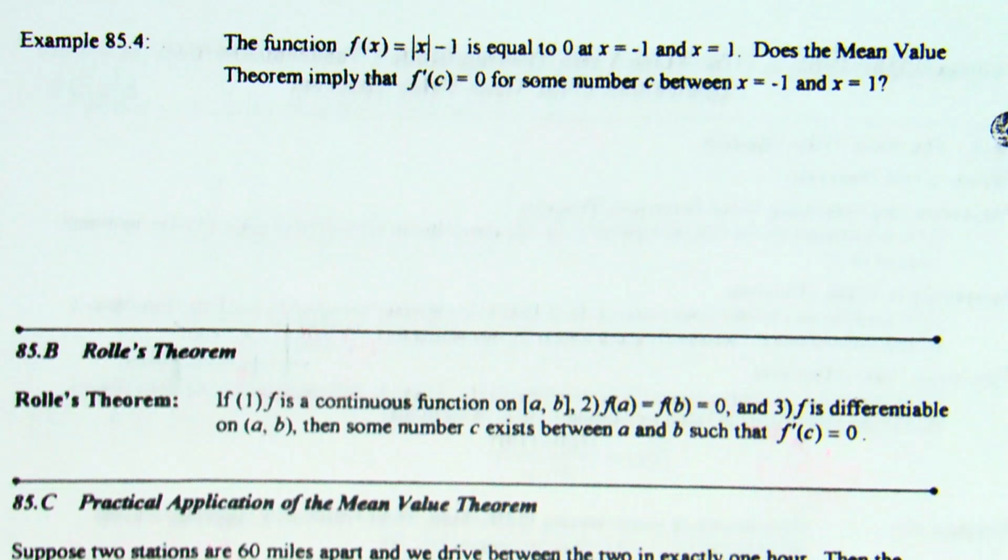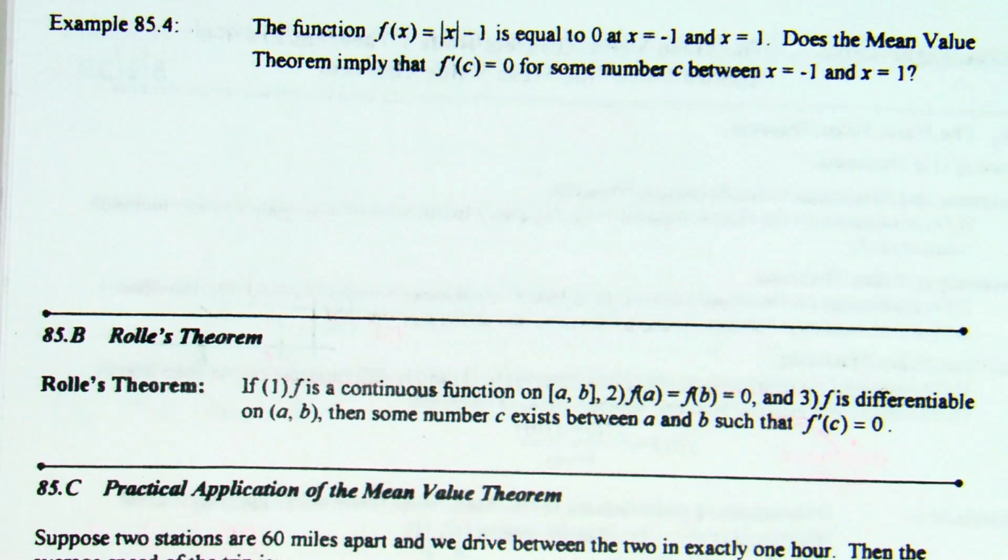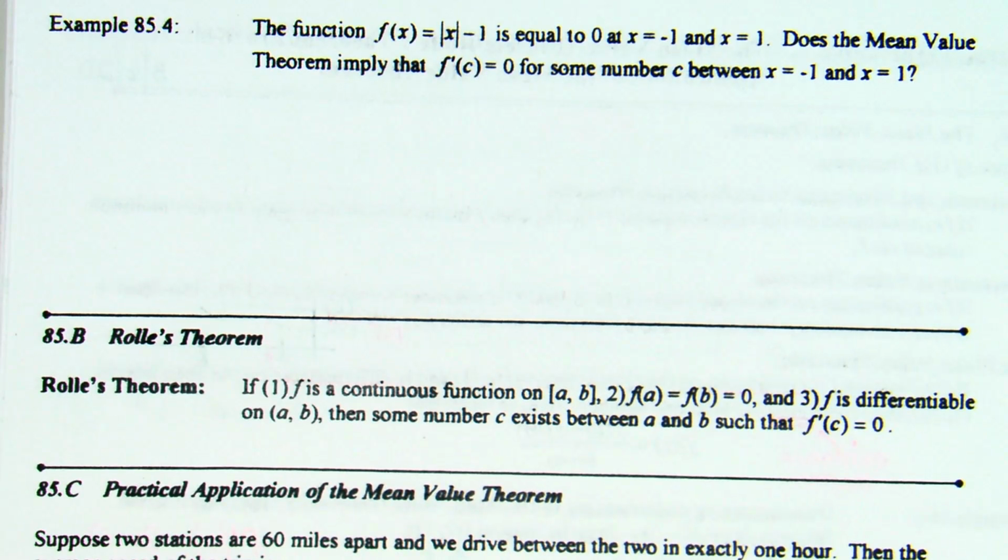Wait a minute. Review day is Monday. Lesson 87 is your next lesson in your notes, and that is shell method, which I don't teach anymore because I discovered that it's not part of the AB curriculum, and it just complicates the whole washer and disk method.